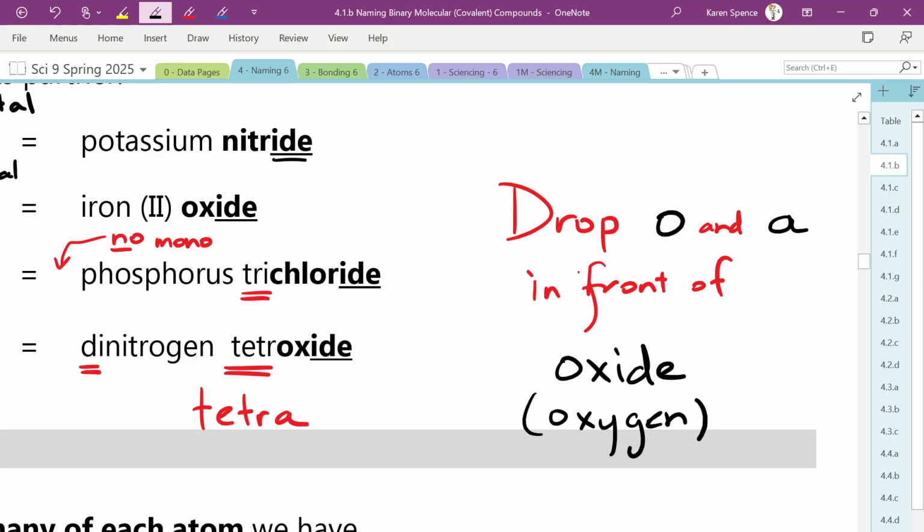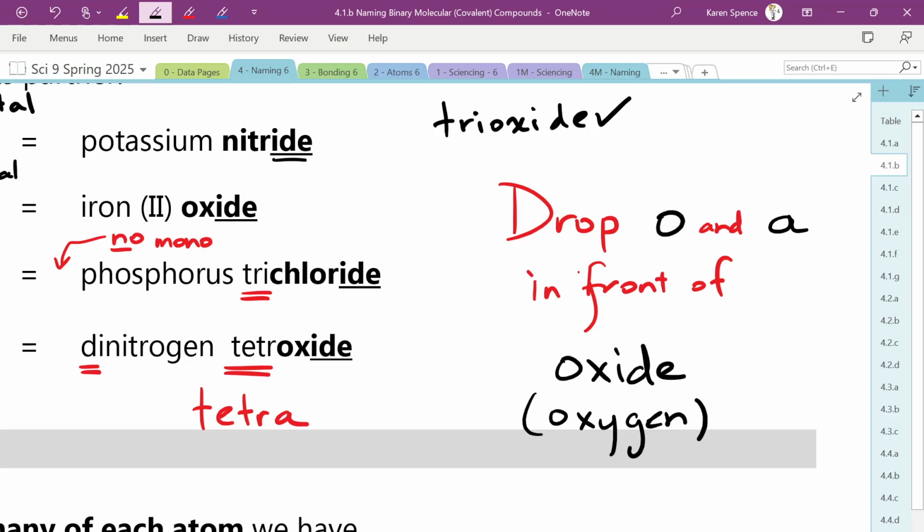And that's it. Okay? It's not drop it in front of every vowel. Don't drop it in front of iodide. Just oxide, just oxygen. And don't drop the letter I. It's only O and A. So if you had trioxide, you just write it as trioxide because that's not an O or an A. You do not drop it.